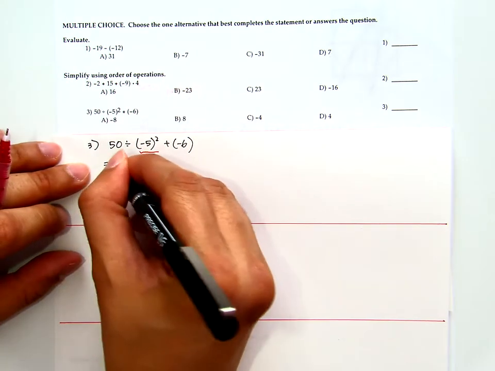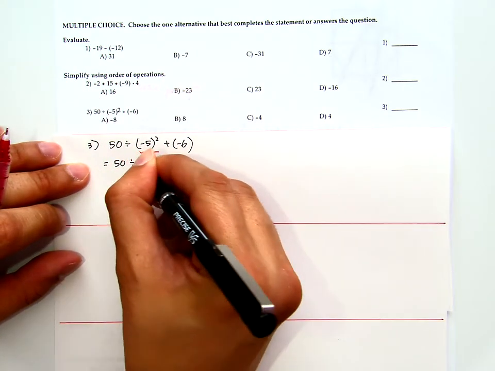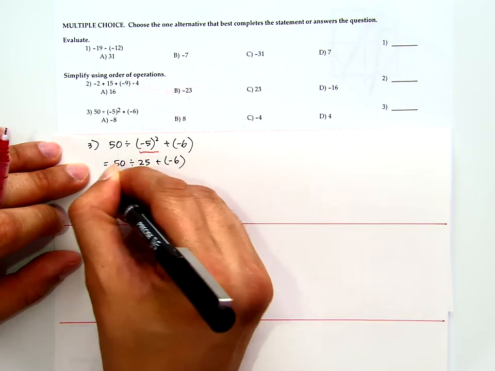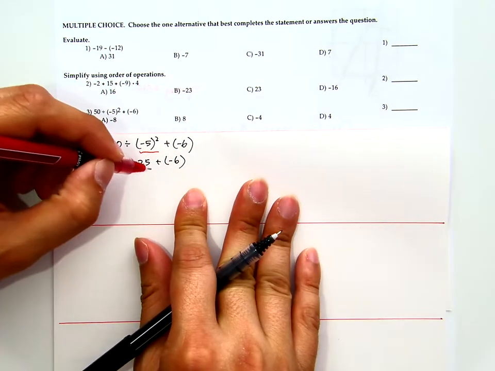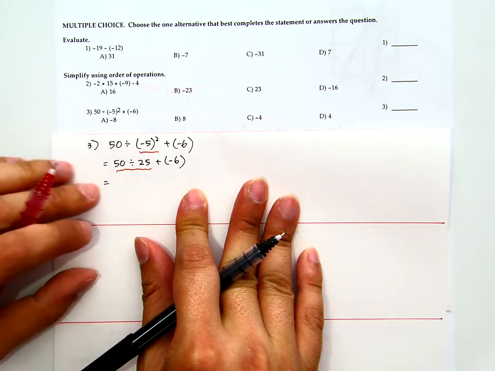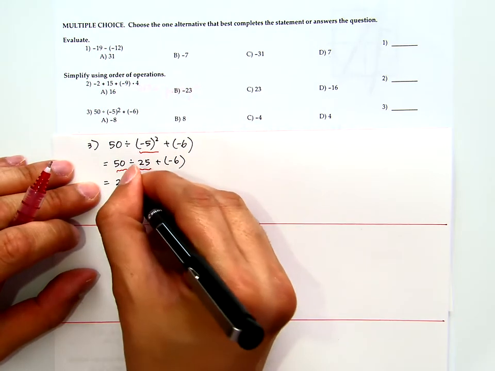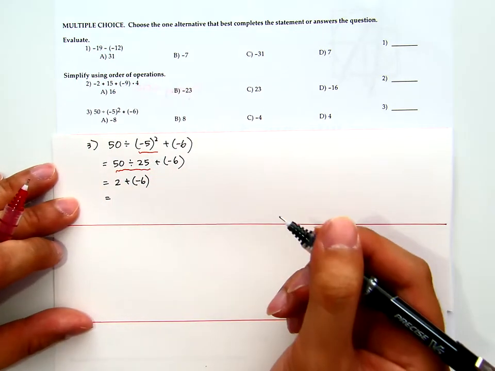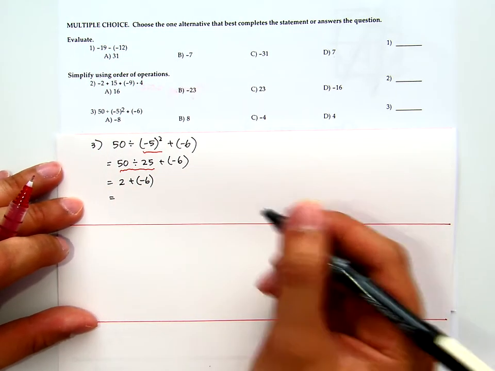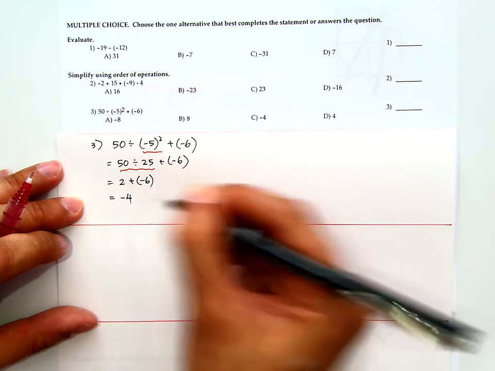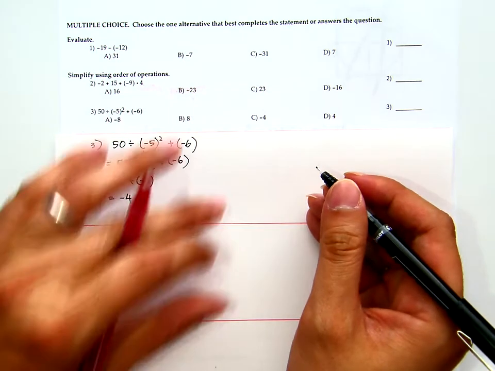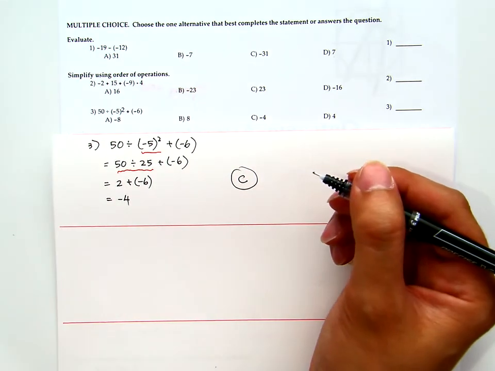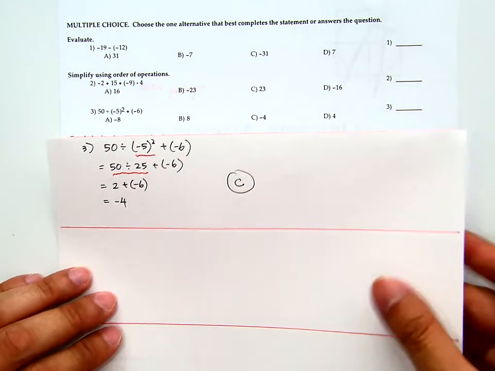That will be 50 divided by 25 plus -6. And then from there, I will divide. I will get 2 plus -6, which is equal to -4. Right? From there we see the answer will be option C. That's for number 3.